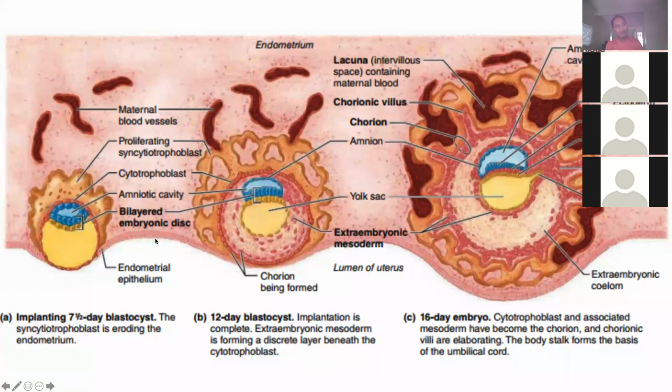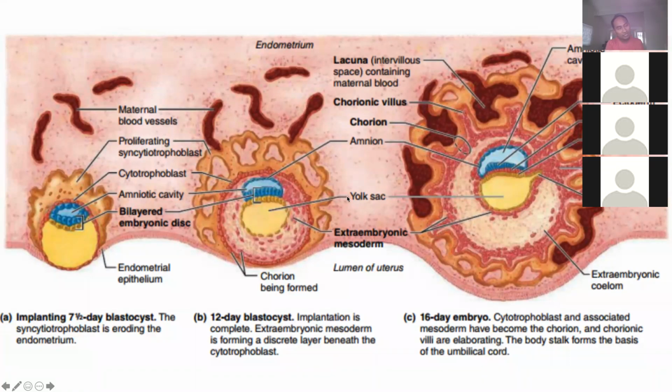So whatever it is, what we were talking about is at 2 weeks, 12 days. Don't remember 12 days. Remember it as 2 weeks, 14 days. We have two layers and we have two cavities. The two cavities are the amniotic cavity and the yolk sac.